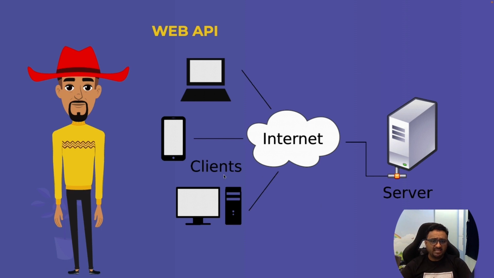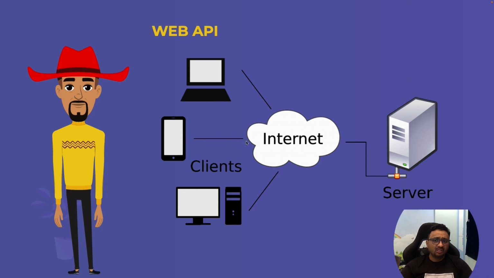A client can be anything. Maybe it's a mobile device from which you're opening a website, or a laptop or a desktop. That is nothing but your client. Clients can be a web browser, or a mobile application, or a desktop application as well.